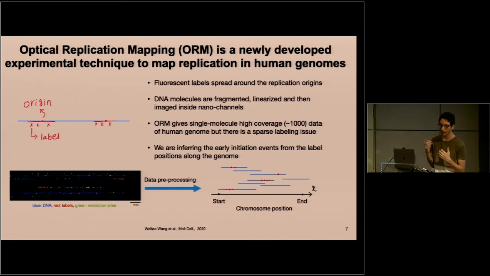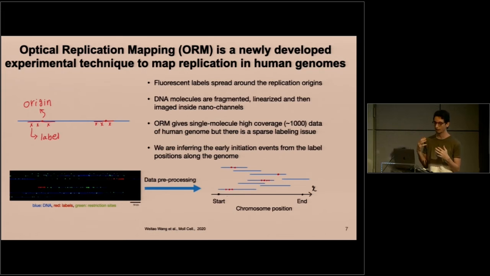But there is a sparse labeling problem, meaning that whenever we have an origin, the labels that are bound to DNA around that origin are sparsely distributed, and it makes it hard to infer the location of origins from the label positions. Also, because of the small number of labels that can be inserted inside the nucleus, these labels are used up in the first 2% of the replication timing.